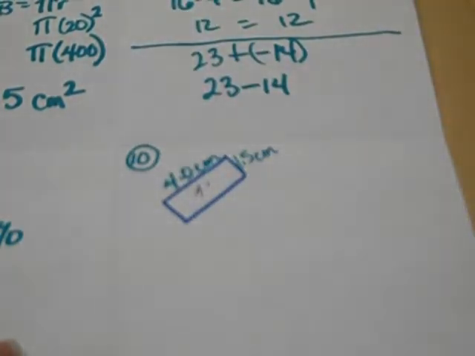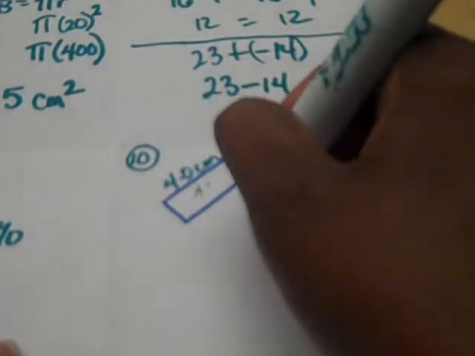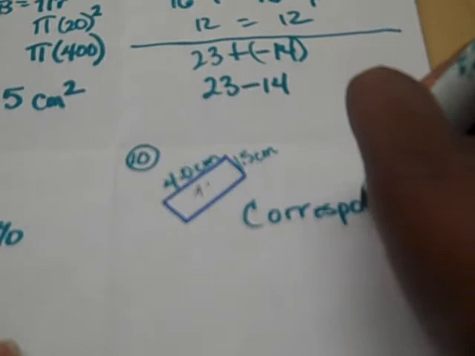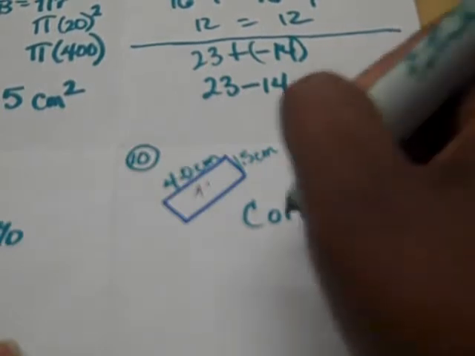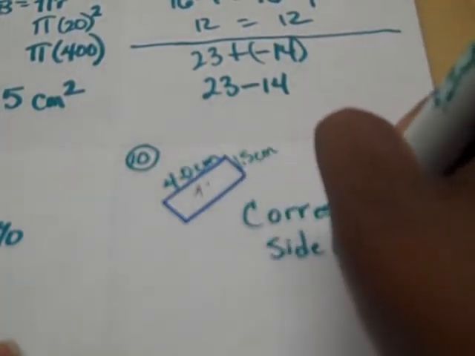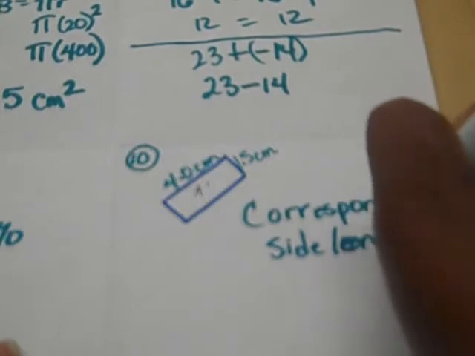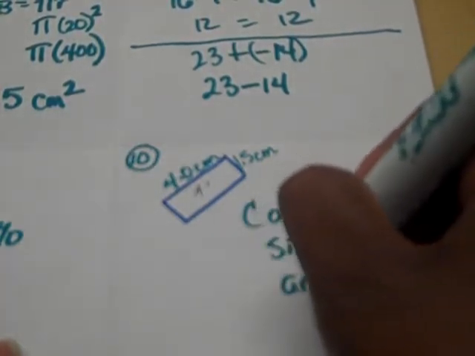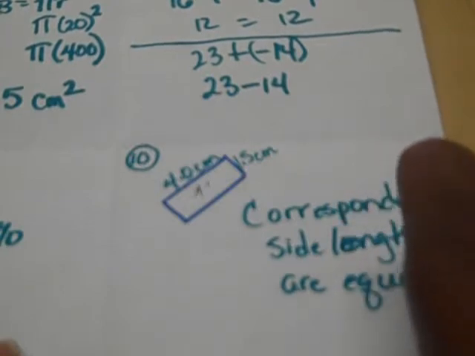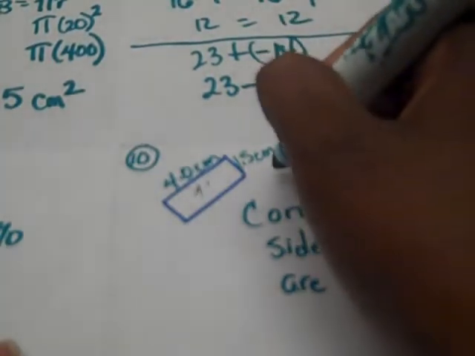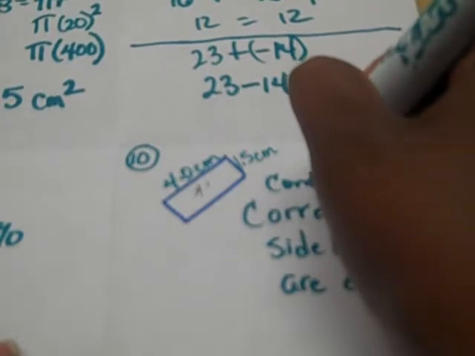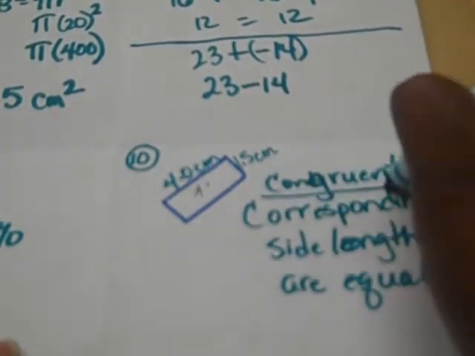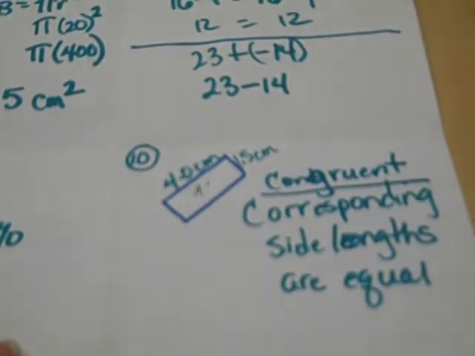And comparing to our original, which has the same measurement, these are corresponding side lengths. And they are equal. So, yes, congruent. And this is how we know.